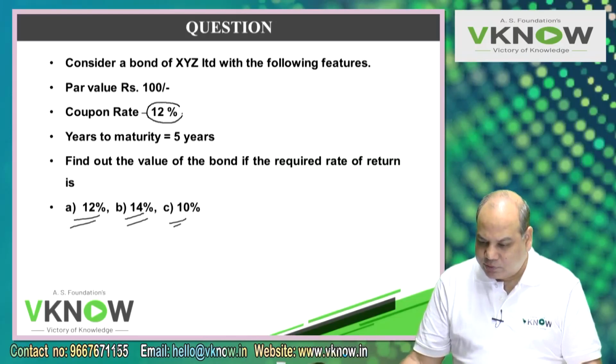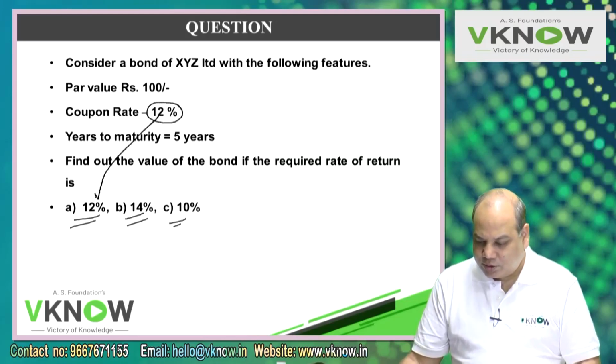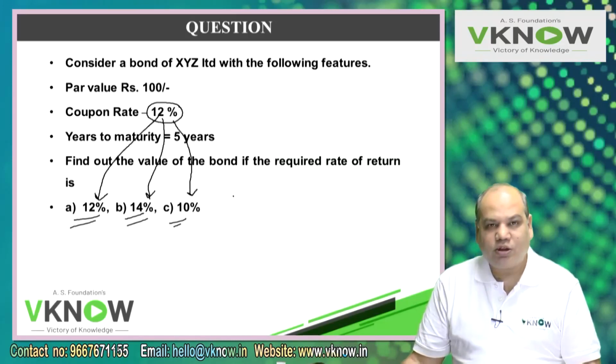This question has been designed to teach you something. If you see, in the first case, the coupon rate and discount rate are same. In second case, the coupon rate is less than the discount rate, and in the third case, the coupon rate is more than the discount rate.